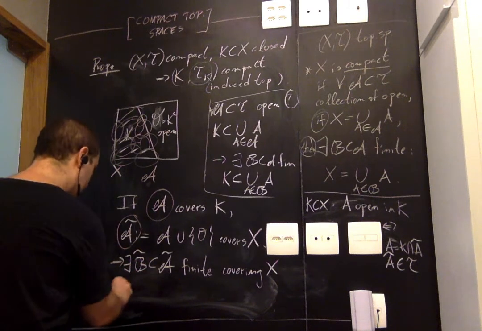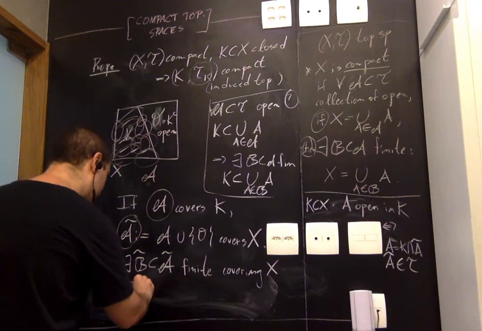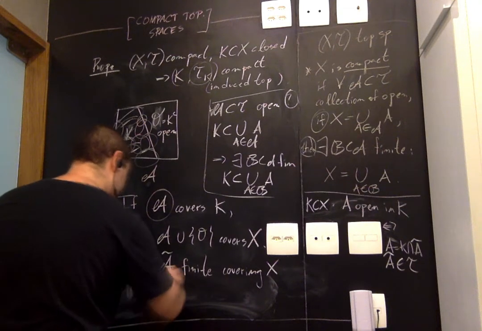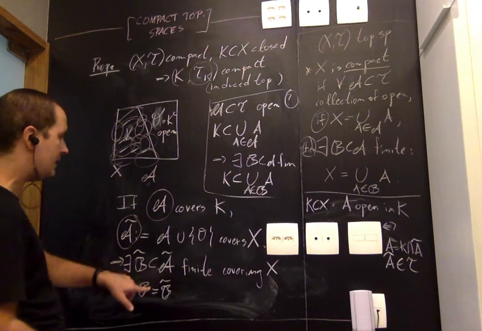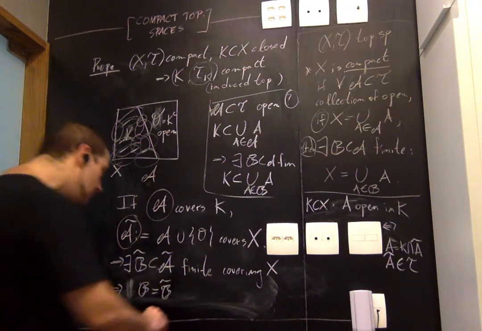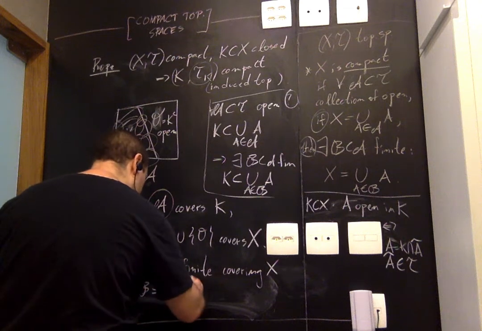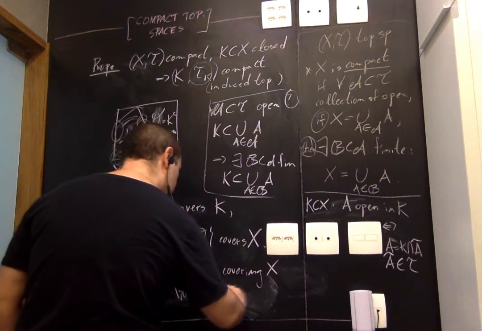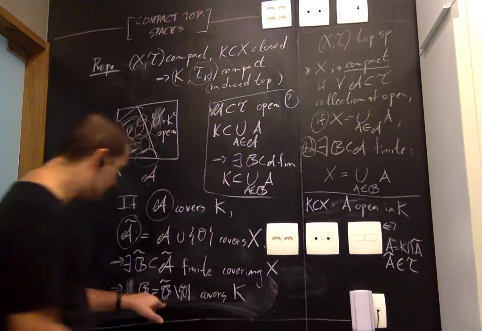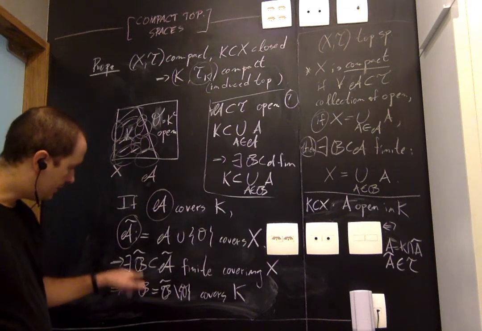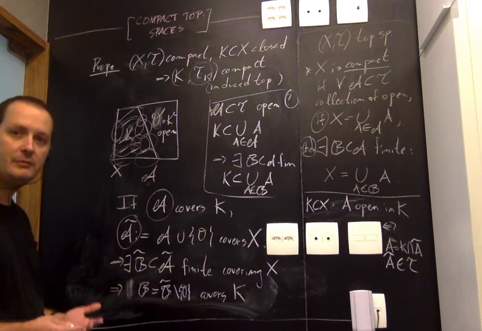And the little exercise which I'm going to leave you is to prove that if I take B tilde, right? So remember, I added an open set to cover the whole of X. Now, if I remove this open set, my claim is that I get a cover of K. And is this finite? Of course it is, right? Because if B tilde is finite, I'm removing an element, it's still finite.